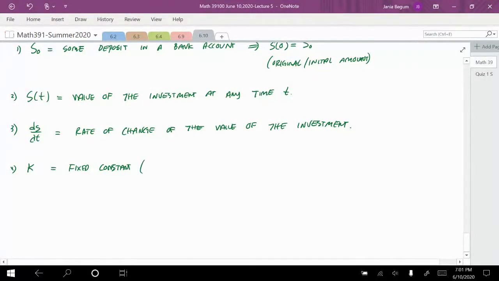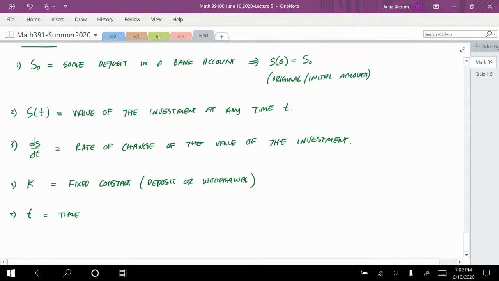It could be a deposit value or a withdrawal. And the last thing is little t. t represents time. So this is the notation we want to be familiar with for the compound interest problem.